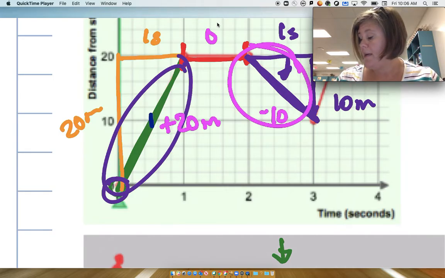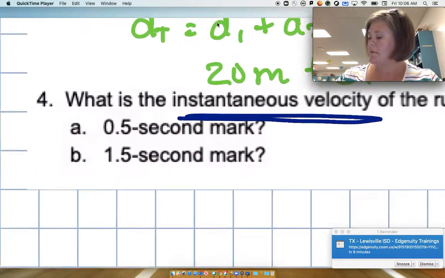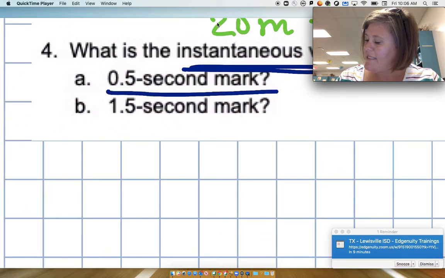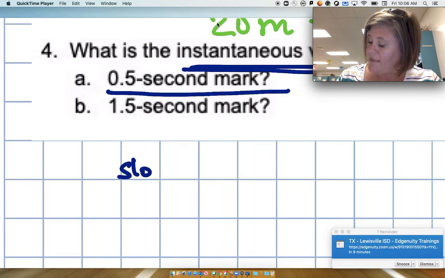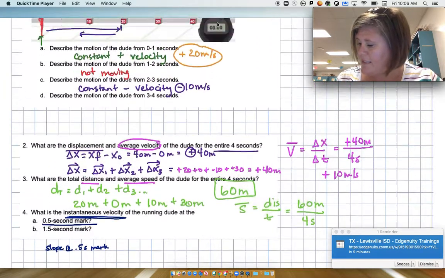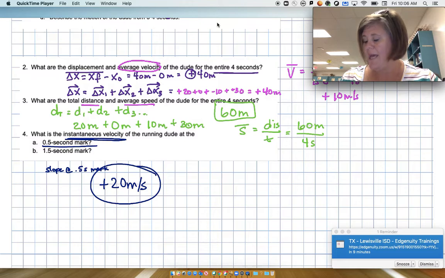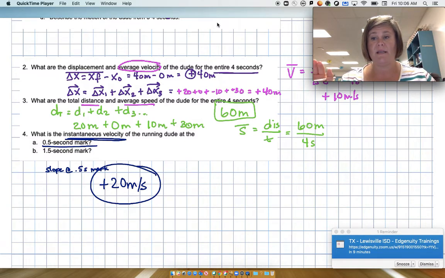It's just the slope. To find that instantaneous velocity, find the slope at the 0.5 second mark. And we've actually already done that. And then that is the positive 20 meters per second. The only thing that gets tricky is if the slope is not constant, and we'll talk about that.